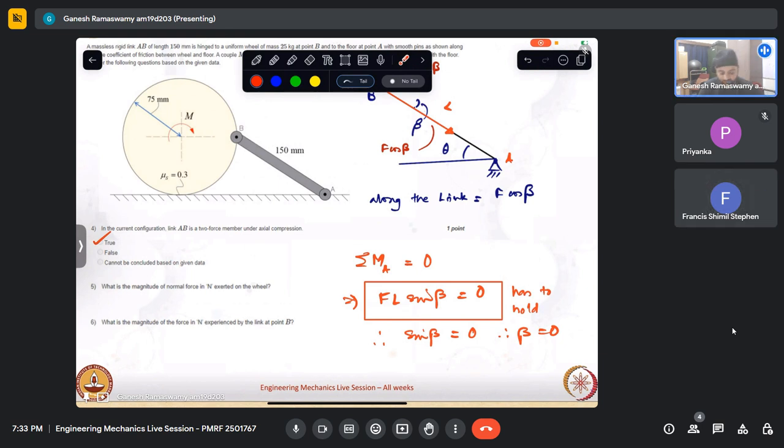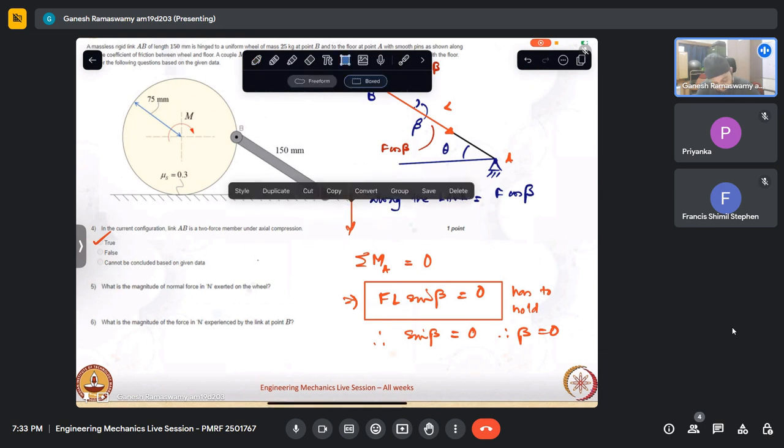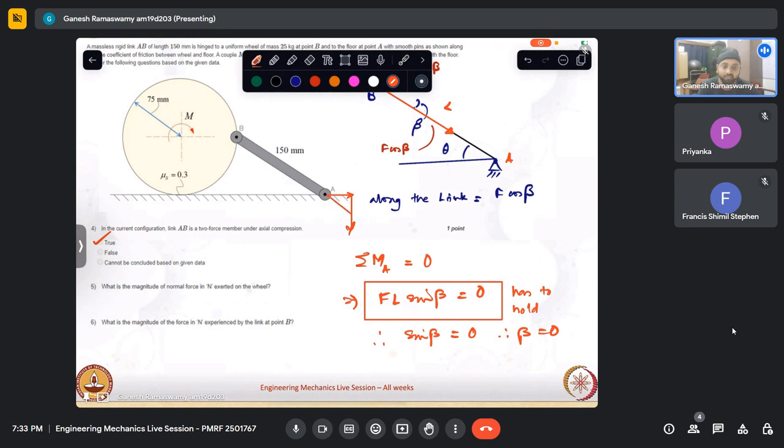Let there be horizontal and vertical components. These two components will have to mobilize such that the resultant force is passing through the axis of the member. That is how these reactions will get mobilized. Direction of the member, that is the key here.